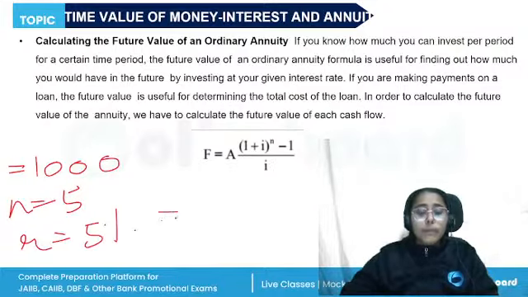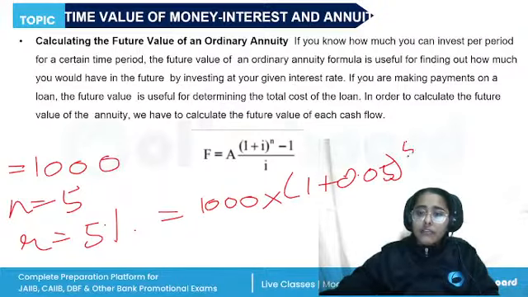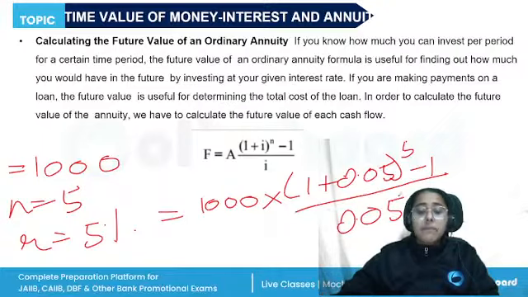So if we put all of these values in the formula which is given, 1000 multiplied by 1 plus 5%, so we will take the decimal 0.05, raised to power 5, which is the number of years, minus 1, and divide this value by I, which is our rate of interest, again 0.05. And because we are calculating for the annuity due here, we will multiply it by 1 plus 0.05. This will be the formula.